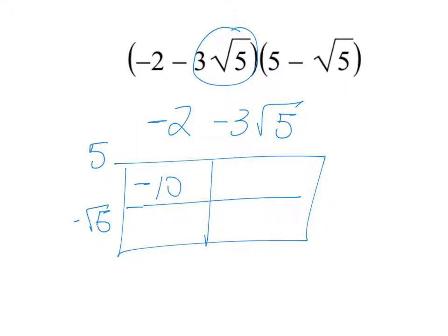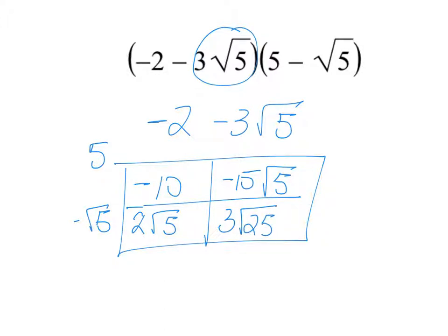5 times -3 is -15, and I'm just going to keep the radical 5 here because there's no radical on the left side to multiply by it, so it just stays the same. -2 times a negative radical 5 is a positive 2 radical 5. And then negative radical 5 times a -3 radical 5 becomes a positive 3 radical 25.